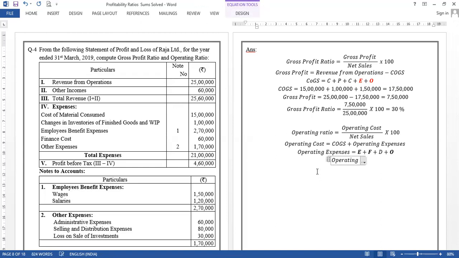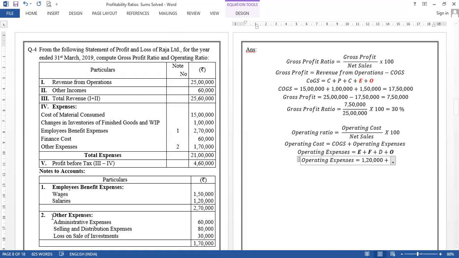Operating expenses will be equal to, now employee benefit expenses, wages as a direct expense we have already taken care of. Now salaries is left out. Let me include salaries from employee benefit expenses, rupees 1,20,000. Finance cost, I have 60,000, but there is no mention of whether it is interest on short term or long term. So we just assume that the finance cost includes all the interest on long term borrowings, so we need to ignore that. Depreciation and amortization is not given to us in this question, and O is other expenses.